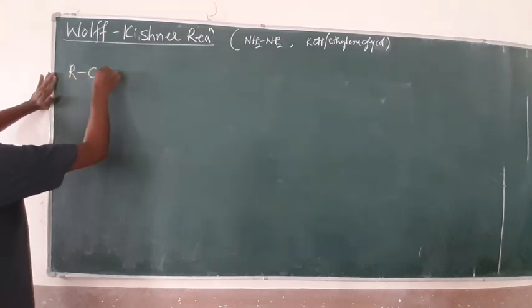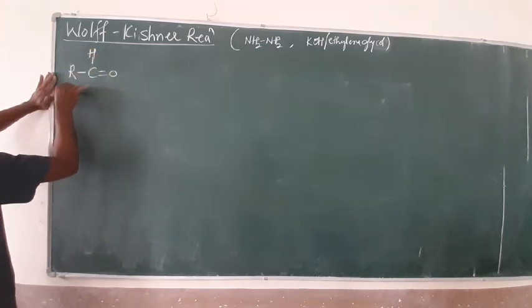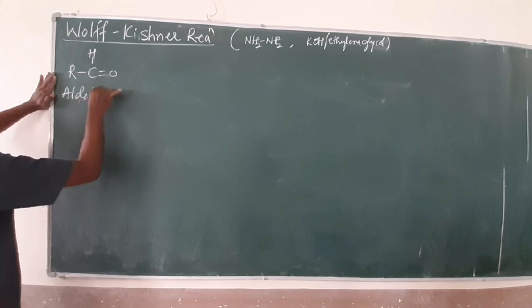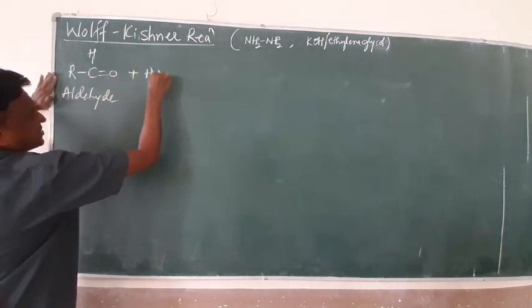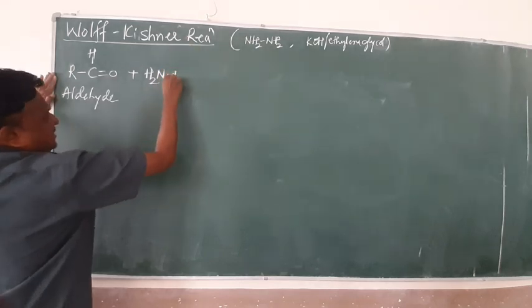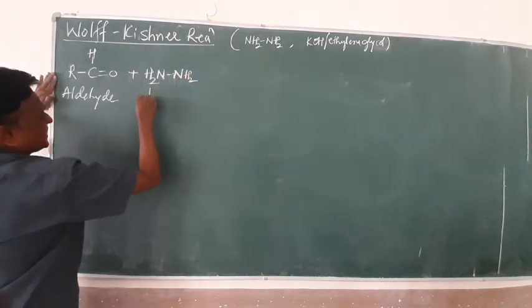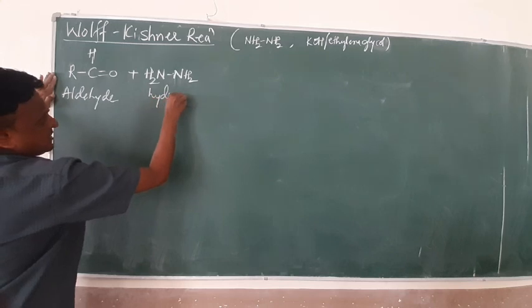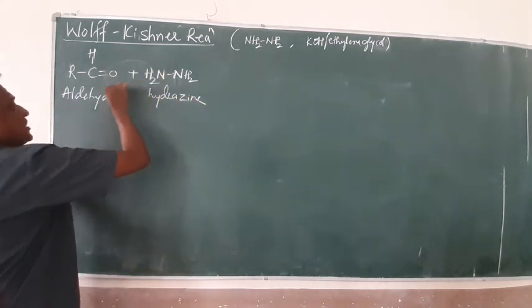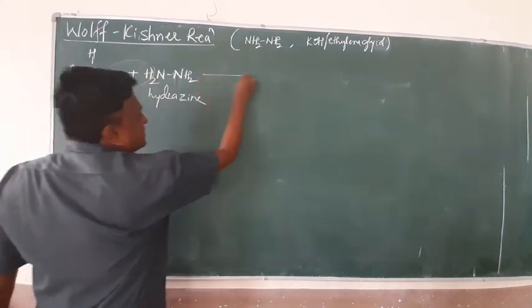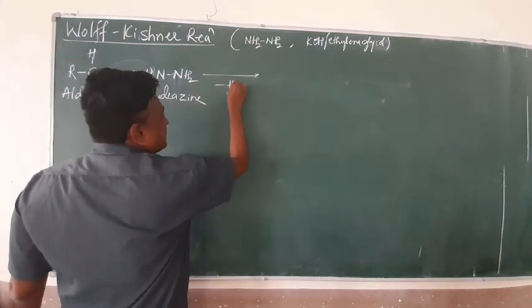RC double bond OH, we know this is an aldehyde. When the aldehyde reacts with hydrazine, we already know this is a condensation reaction. The aldehyde reacts with hydrazine with loss of water.